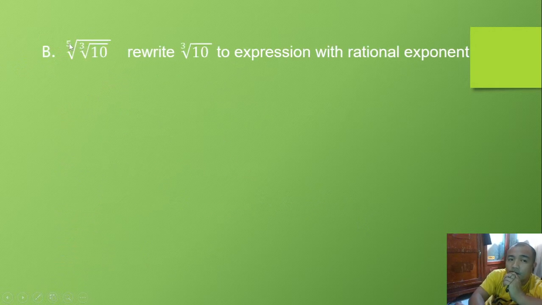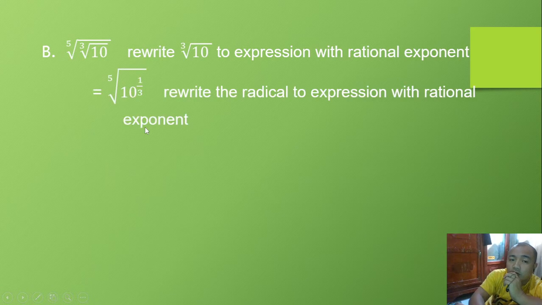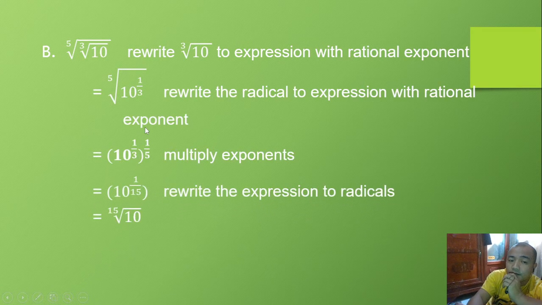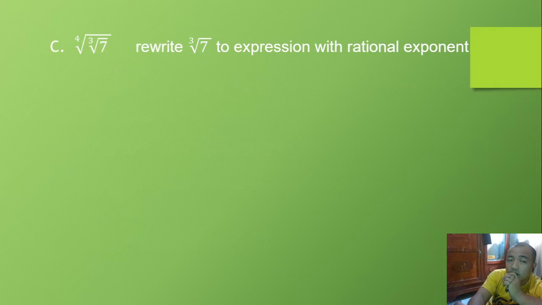Another: fifth root of the cube root of 10, you just multiply the indices. 5 times 3, 15th root of 10 will be the final answer. That's the shortcut. I just need you to write the answer, no need to write the solution here. Next, 4th root of the cube root of 7, you just multiply their indices. 4 times 3 is 12.